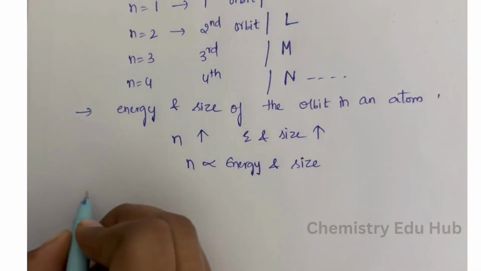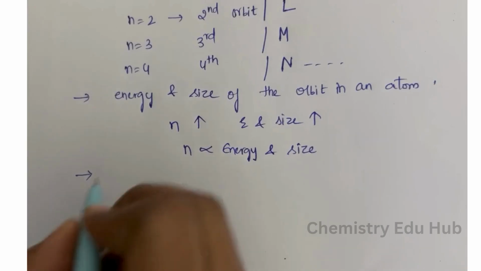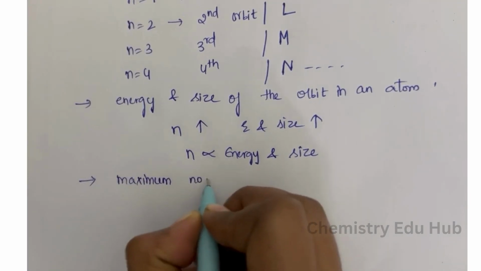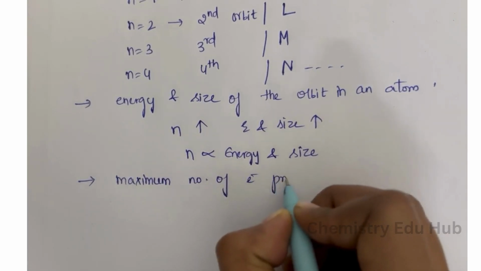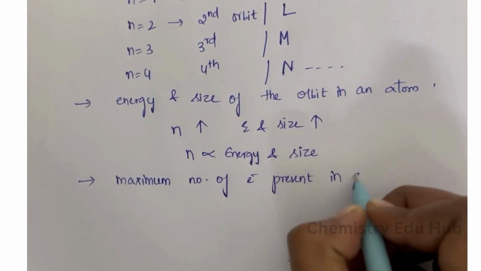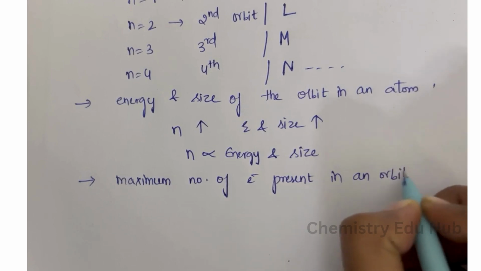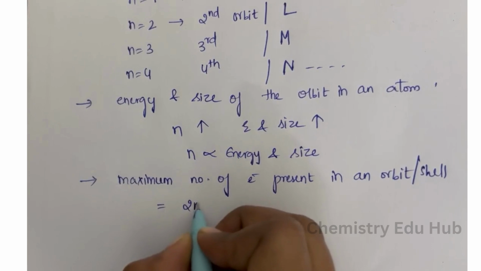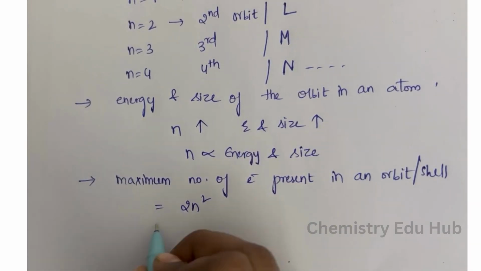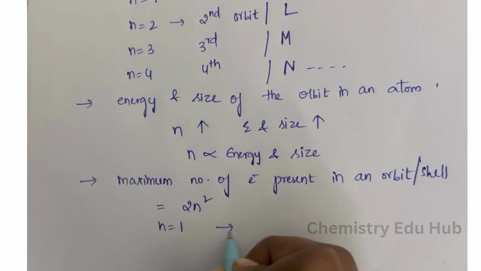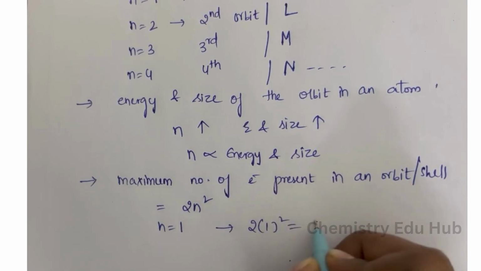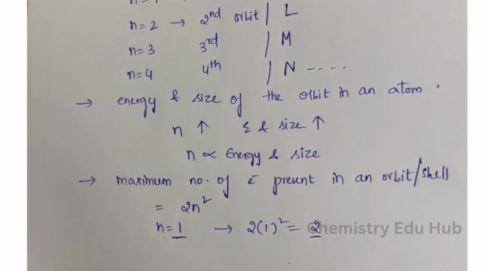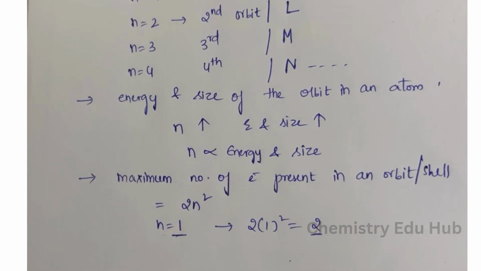So the maximum number of electrons present in an orbit or shell is nothing but 2n square. Suppose if n is equal to 1, then 2 into 1 square equals 2. So in the first shell, only 2 electrons can be accommodated.